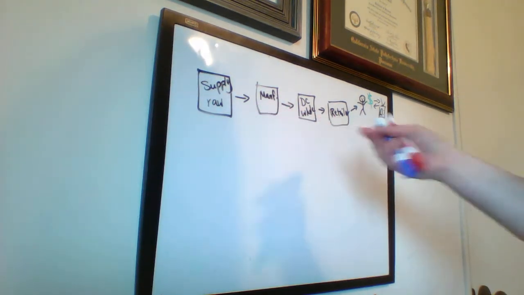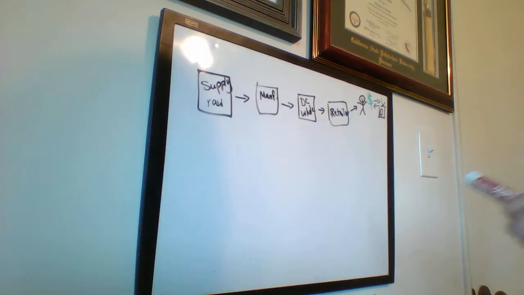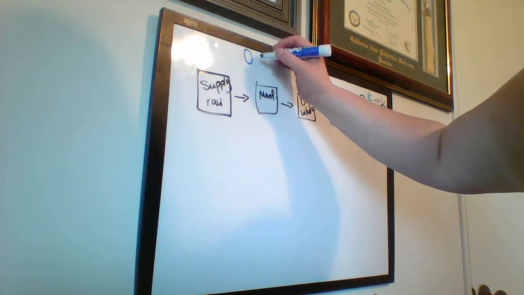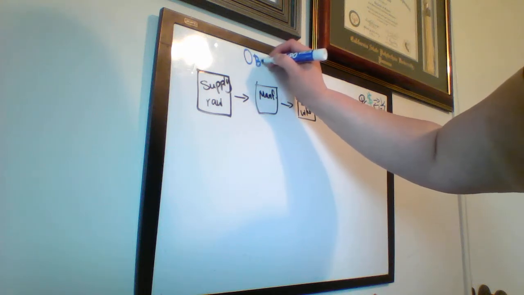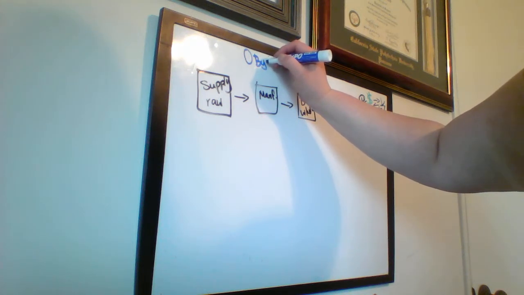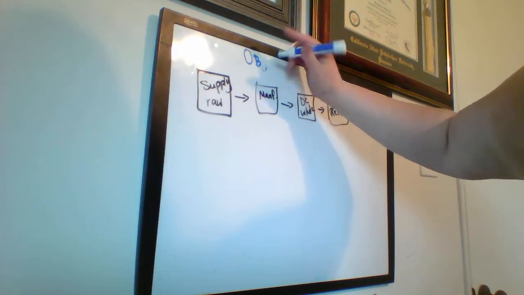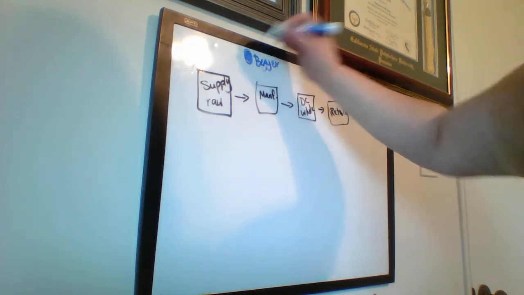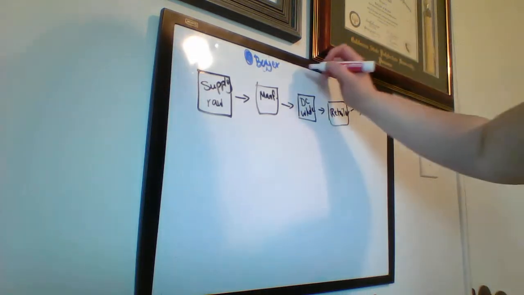Next, as we look through the supply chain, there are two major interactions that go with every single one of these steps. You first have a buyer, which I'm going to put in blue, and then in red, you have a seller.